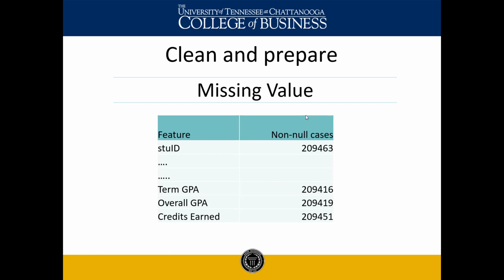Now, look at the number of observations with valid values, non-null cases. I have not listed all the variables here. If you look at these three variables, you see that not all of them have a valid value in these columns. So they are blanks.